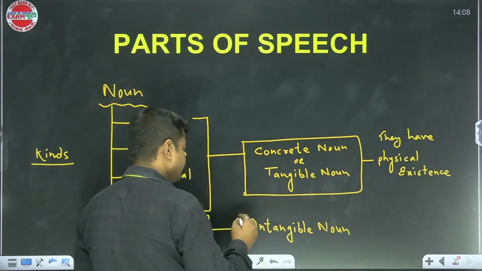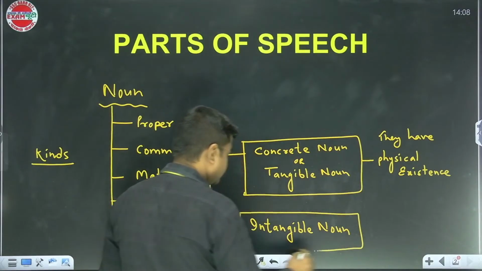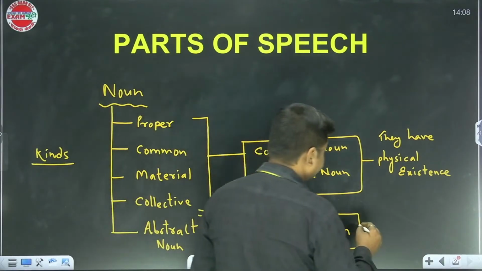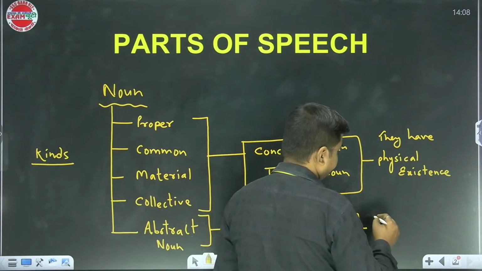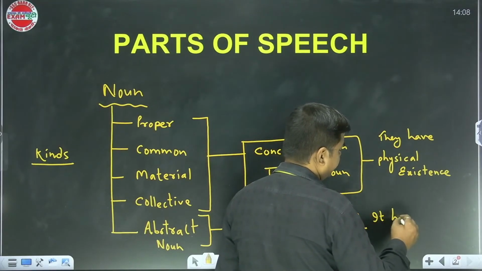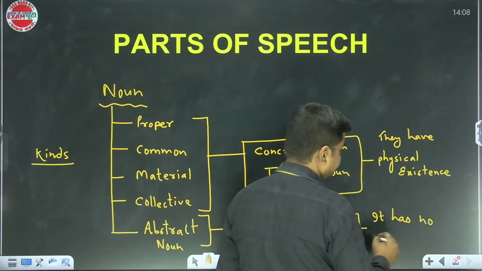But when we talk about abstract noun, that is also known as intangible noun, it has no physical existence.